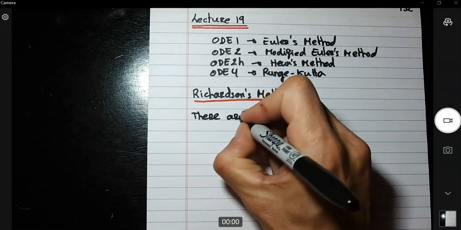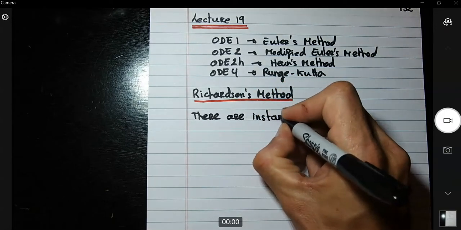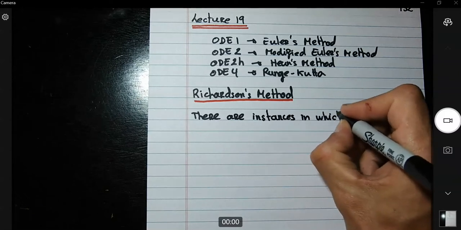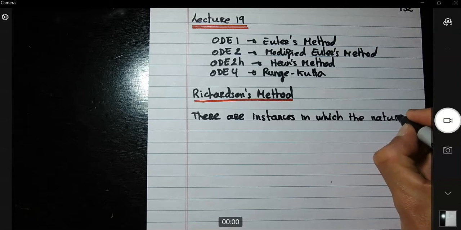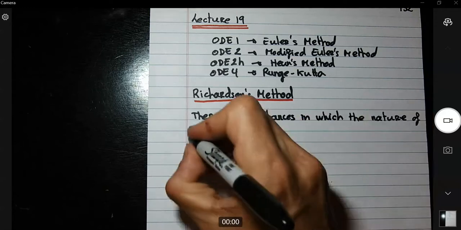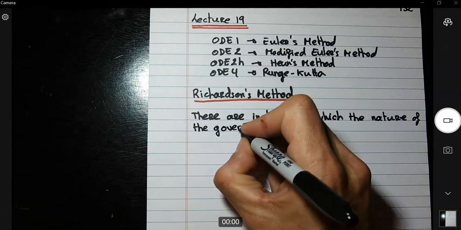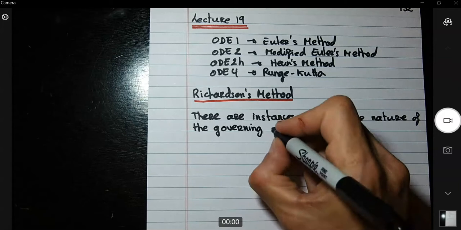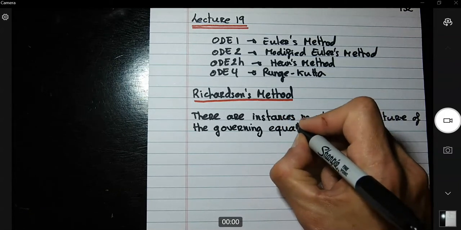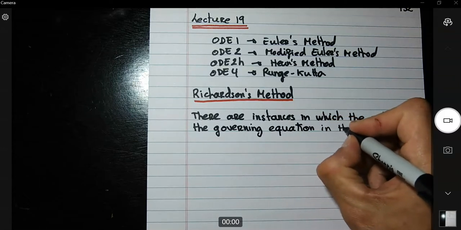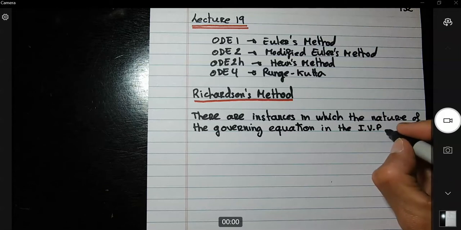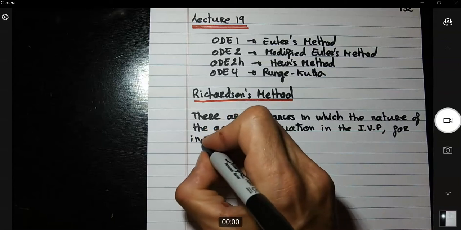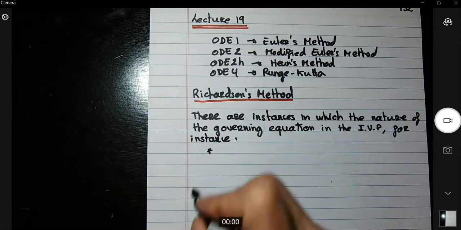So there are instances in which the nature of the governing equation in the initial value problem, for instance, okay, let's look at three cases.